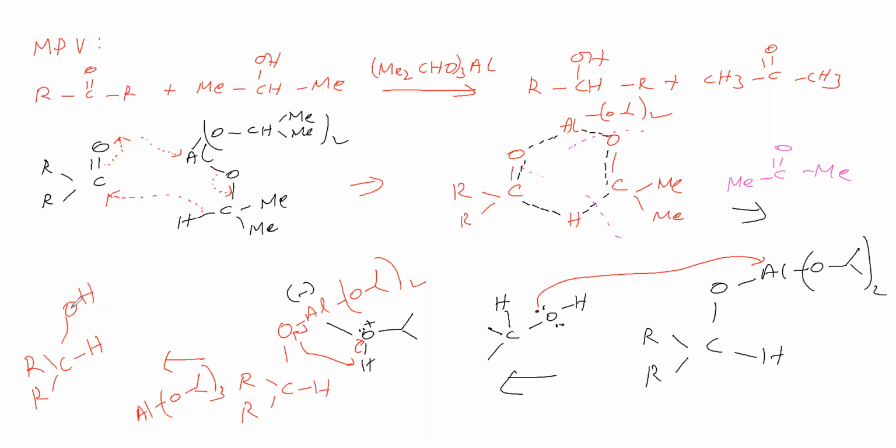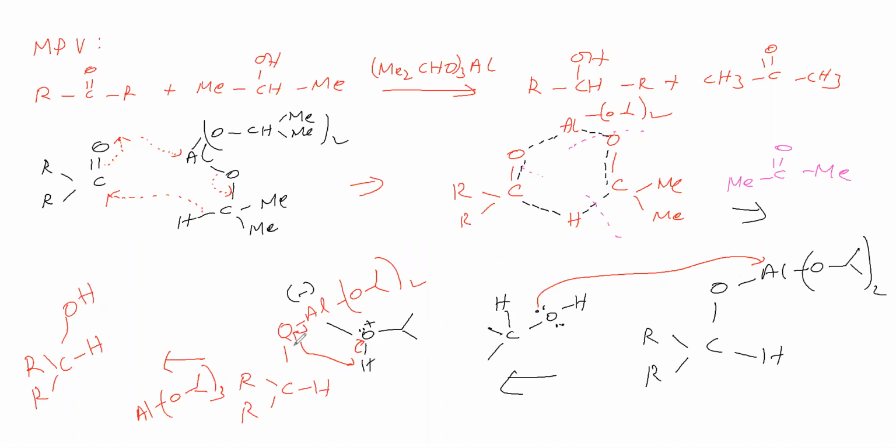This hydrogen is from where? It is from isopropyl alcohol, the solvent. This solvent isopropyl alcohol makes bond with aluminum here. That OH group oxygen made bond with aluminum. That OH group hydrogen goes to this oxygen.